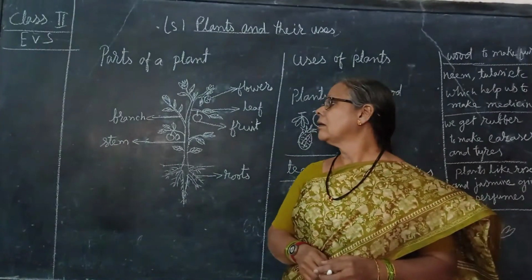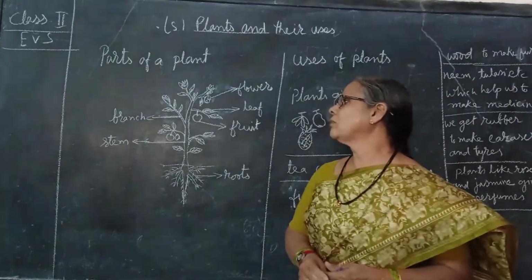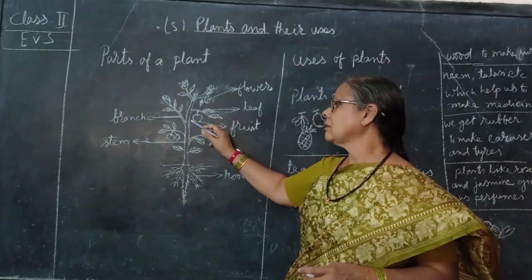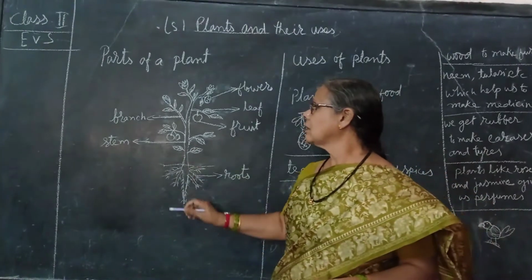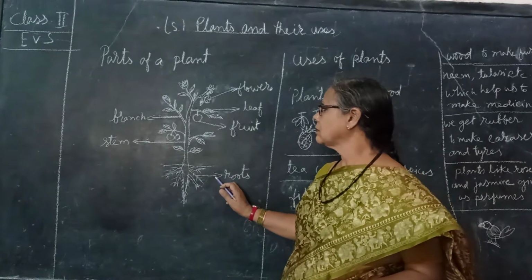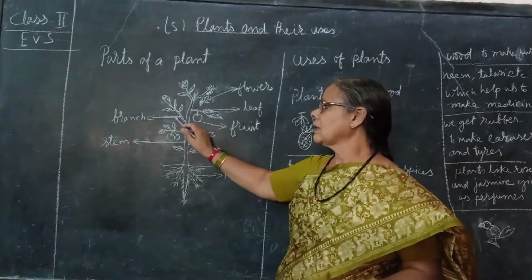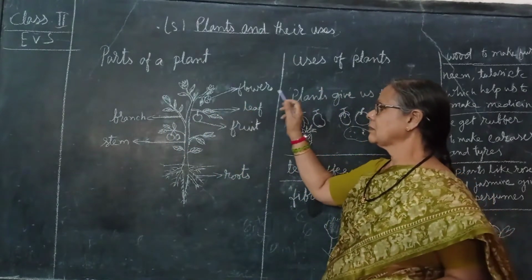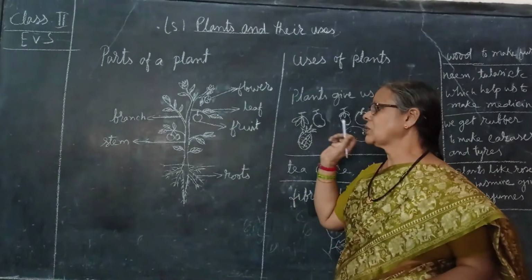Before that, we can study the parts here. What are the parts of a plant? You have seen the many parts here. First is the root, and the second is the stem, the branches, flowers, leaf and fruits.